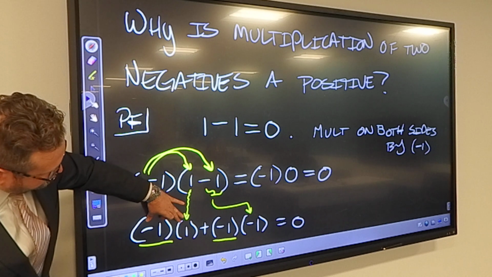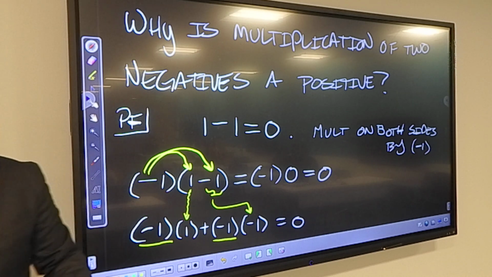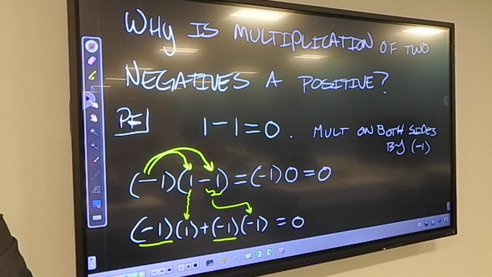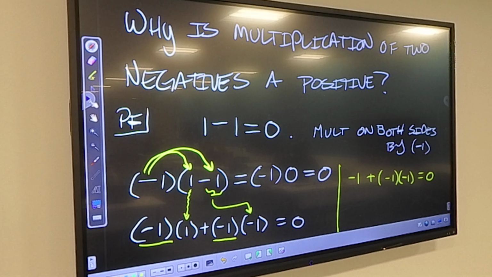So this quantity must just also be minus 1. So now it says that minus 1 plus this product is equal to 0. You're essentially finished.